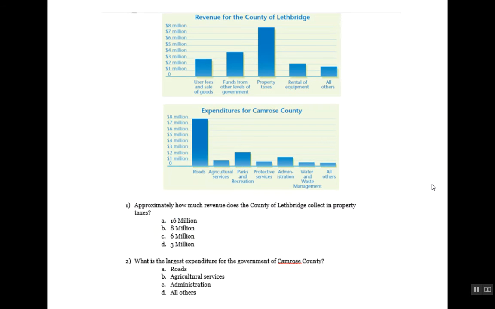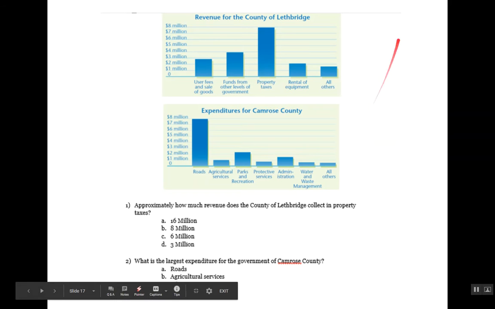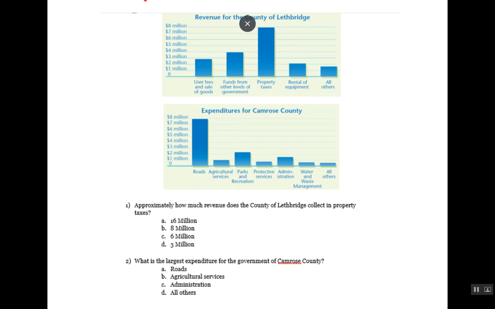So here are two multiple choice questions for you to practice. At the top there are two tables. These are bar graphs. The first one says revenue for the County of Lethbridge, from 0 to 8 million: user fees and sale of goods, funds from other levels of governments, property taxes, rental of equipment, all others.